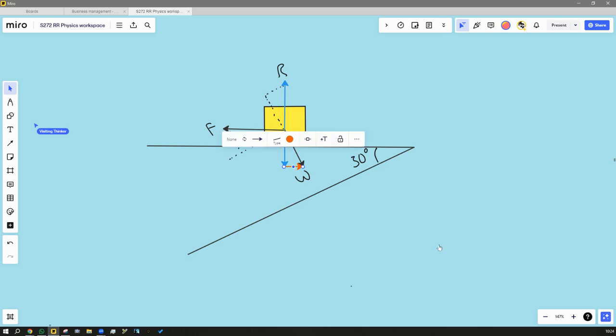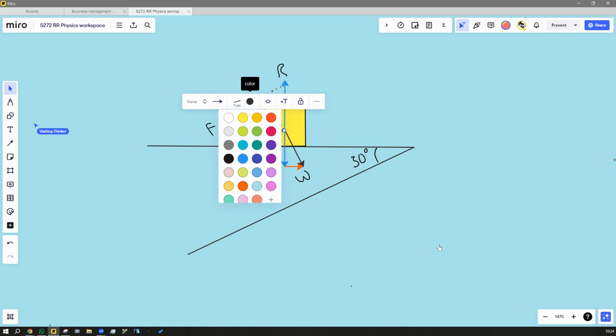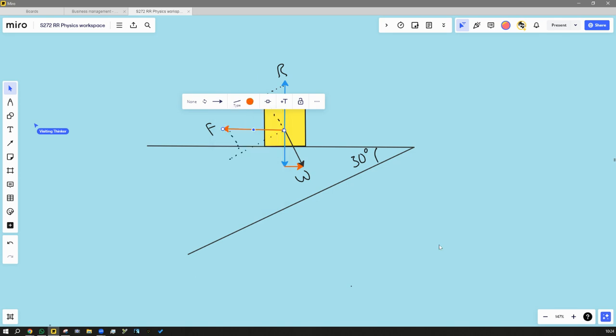And that component of the weight would have to be equal to the friction, which obviously isn't on my diagram because things are not to scale. But if I were to draw those to scale, then that should be what I would get.